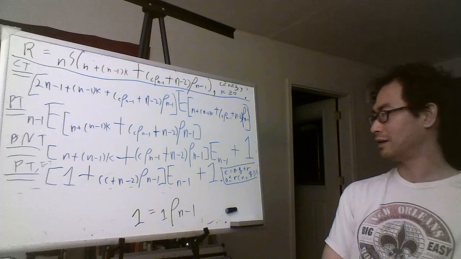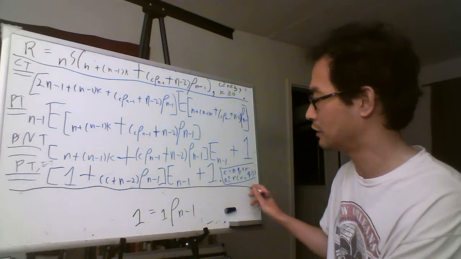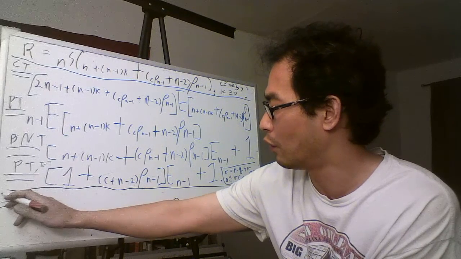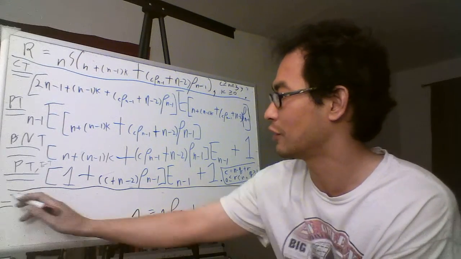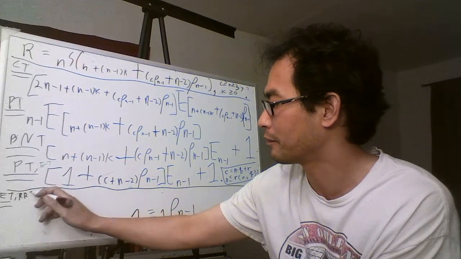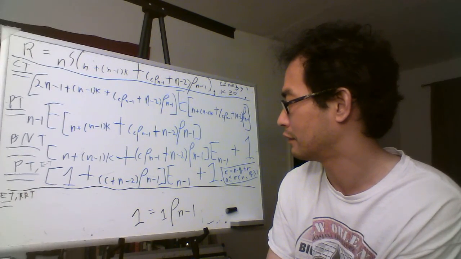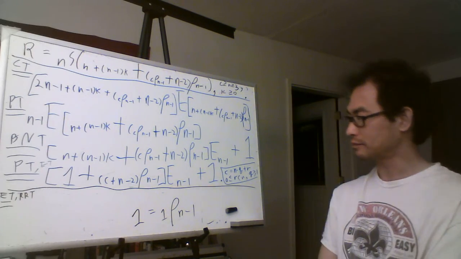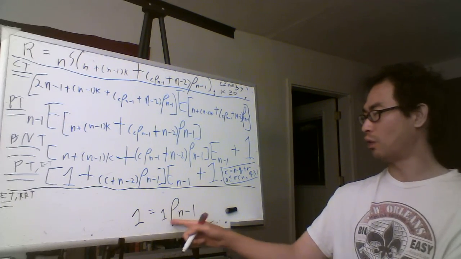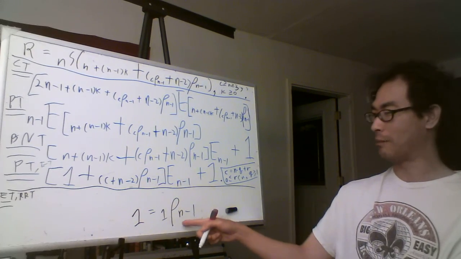And this whole thing becomes, by the rho factoring theorem, the extraction theorem, and also the rho reduction theorem, we are extracting rho n minus 1. 1 is 1 rho n minus 1, so you have n minus 1 rho n minus 1 here and rho n minus 1 here.